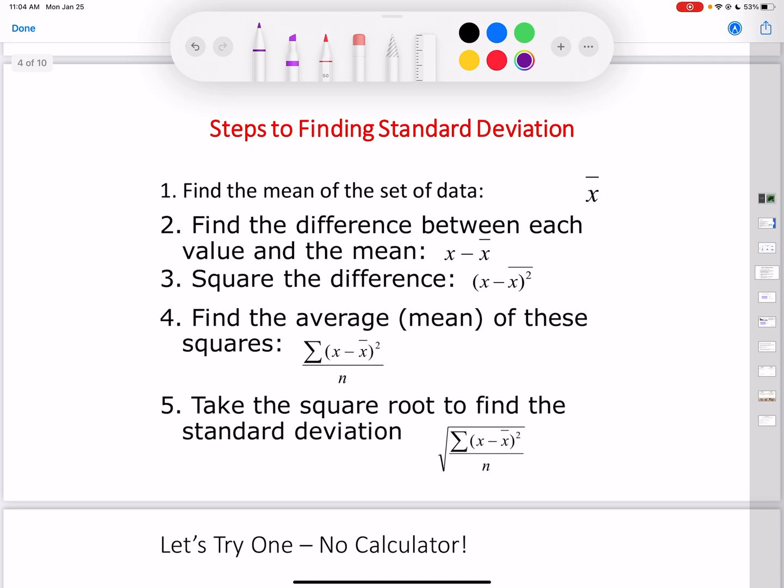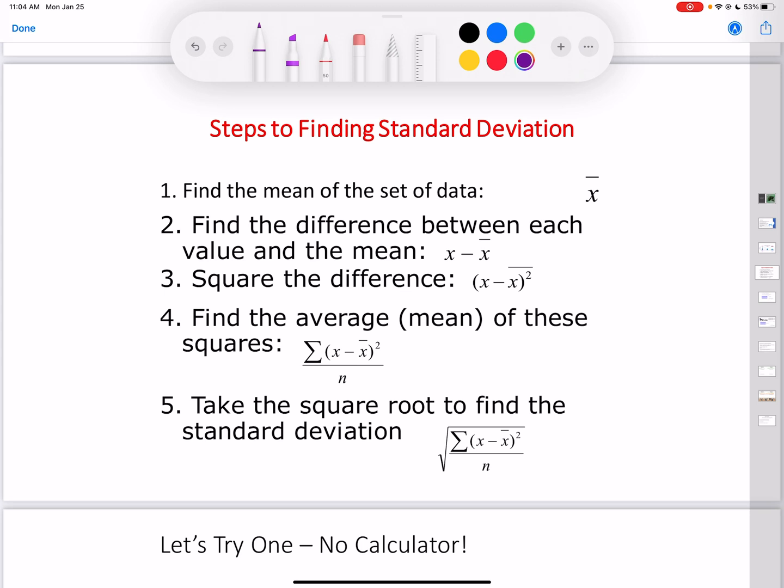So here's how you're going to actually calculate the standard deviation. The first step is you take the mean of all the data. So that's going to be using the x with the bar on top. Then you find the difference between each value and the mean. So you take each data point and you subtract the mean. That could give you negative or positive values, but that doesn't matter because the next step says to square those differences.